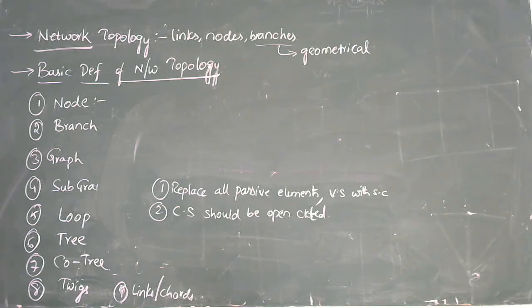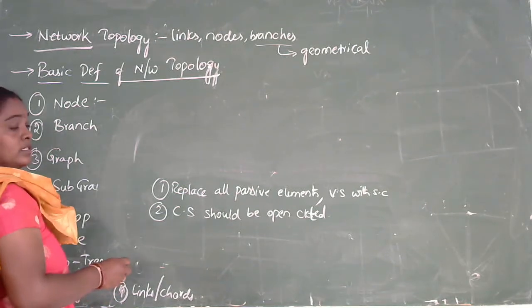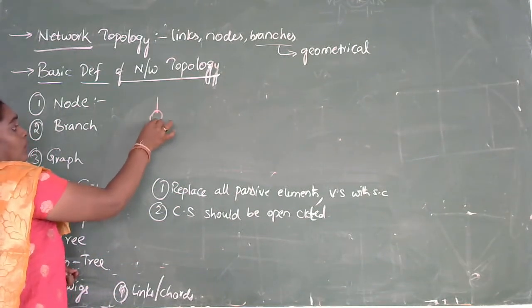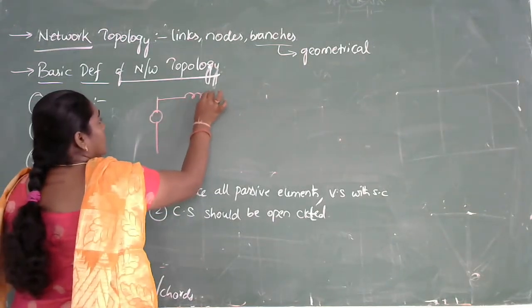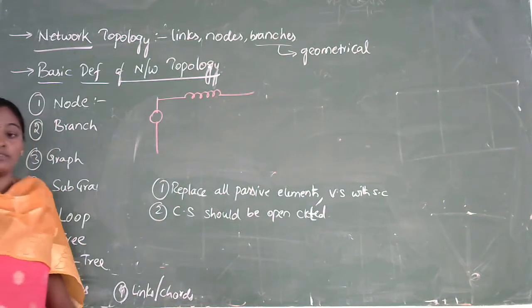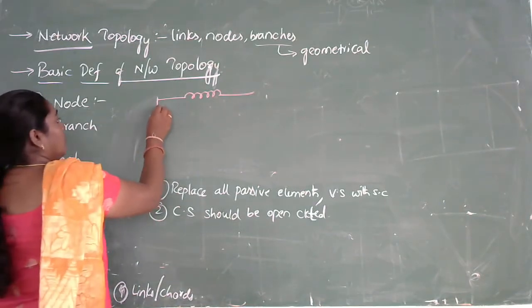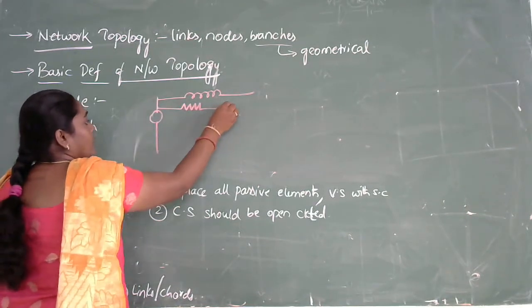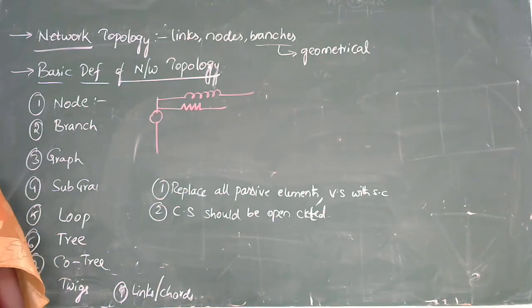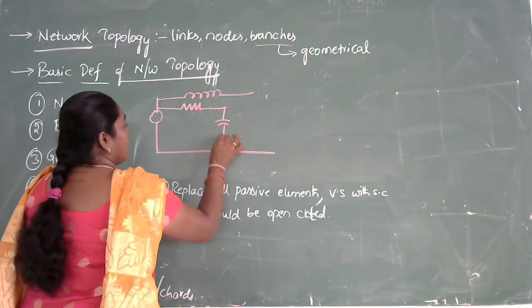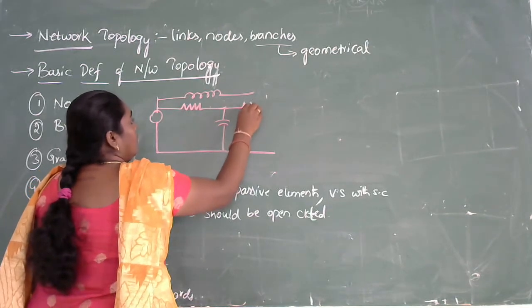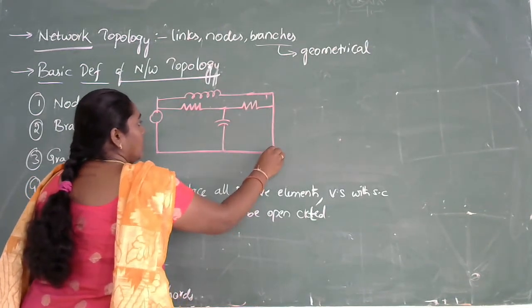So here I am assuming that it consists of a voltage source, an inductor which is a passive element, a resistor and a capacitor and one more resistor.